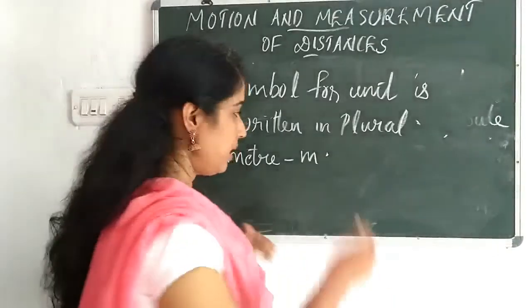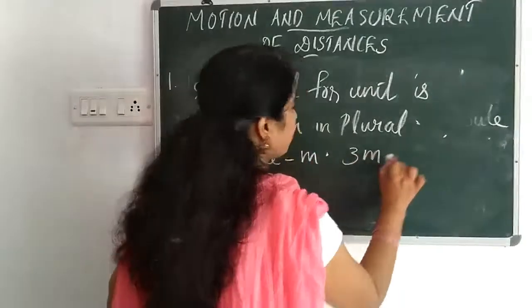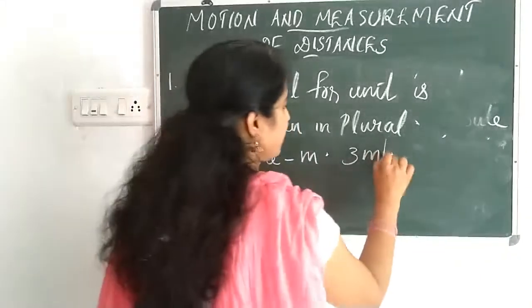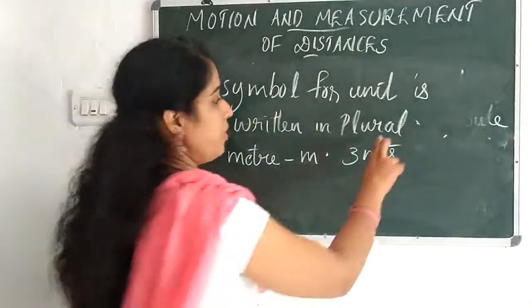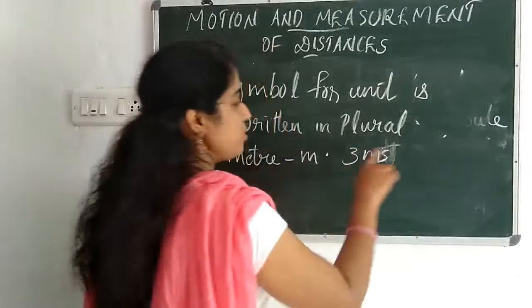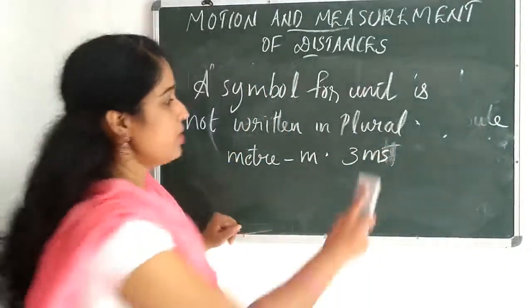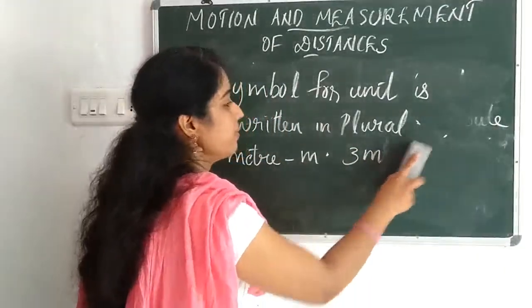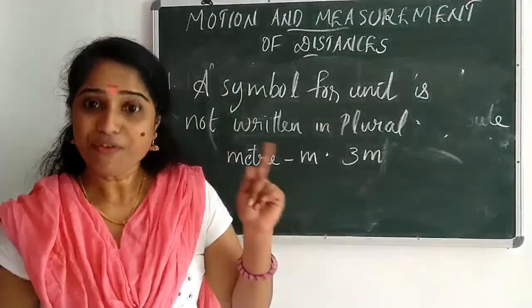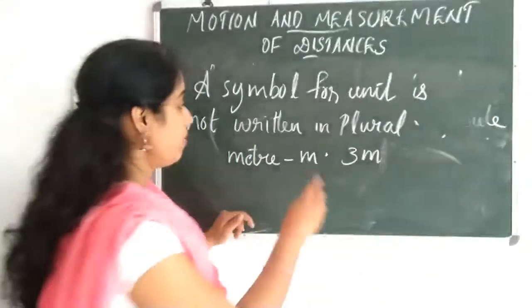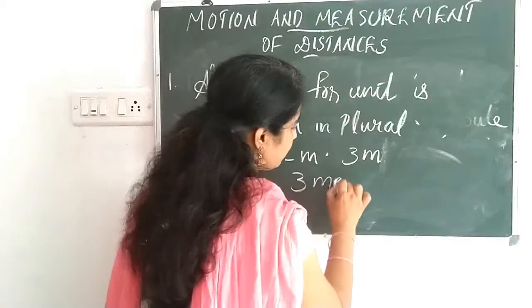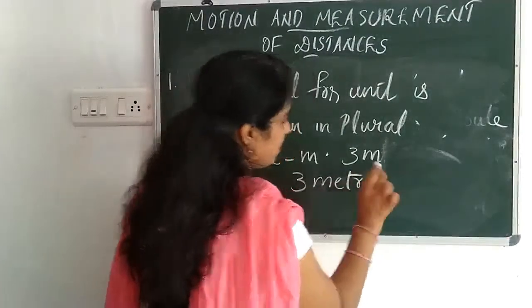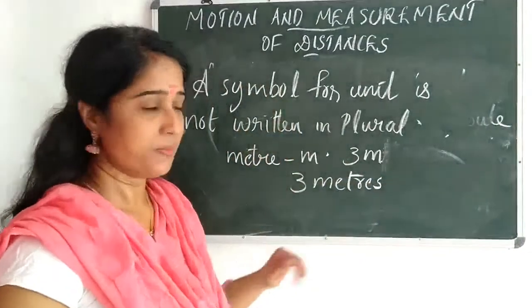Then how will you write 3 meters? Don't write ms, it is wrong. Then what should we write there? 3 m only. But if you are writing the full form, 3 meters. Hope that's the difference.